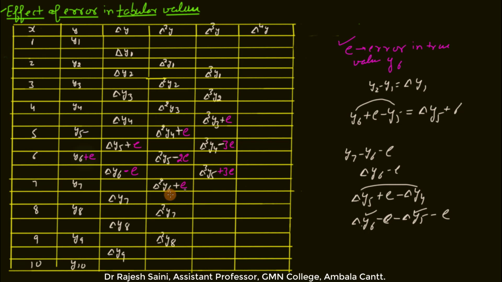Fine. And delta square y7 minus delta square y6 is delta cube y6 minus e. Fine. And it will be delta cube y7.